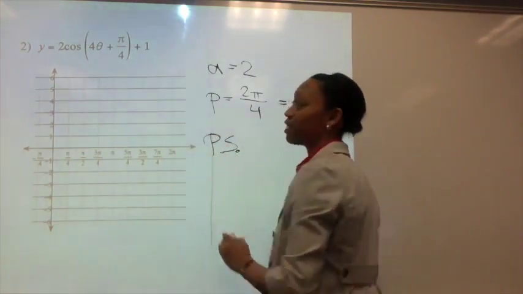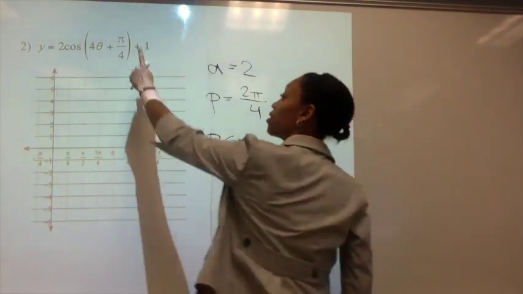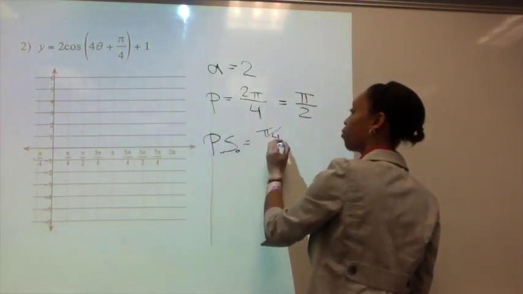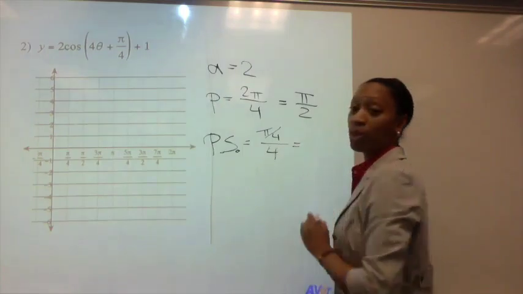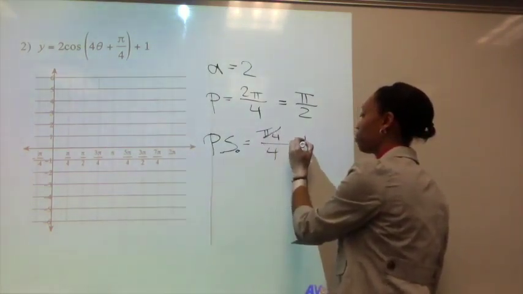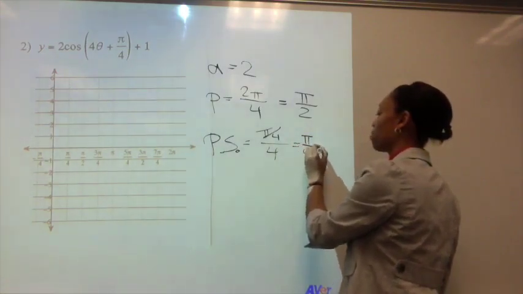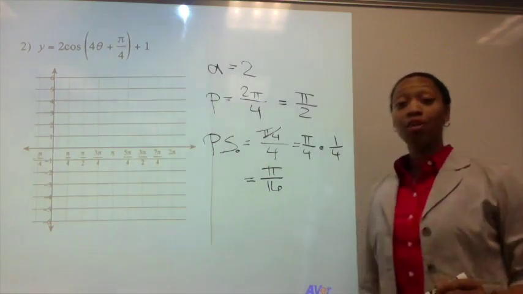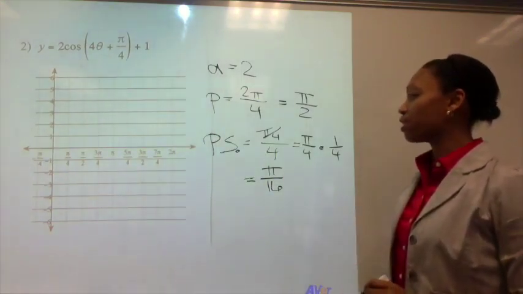The phase shift is C over B. So this over this. We've got pi over 4 over 4. So we're going to have to do keep, change, flip with that. Keep the top, change to multiplication, flip the bottom. So it looks like our phase shift is pi over 16.